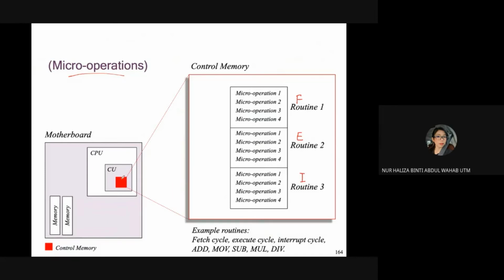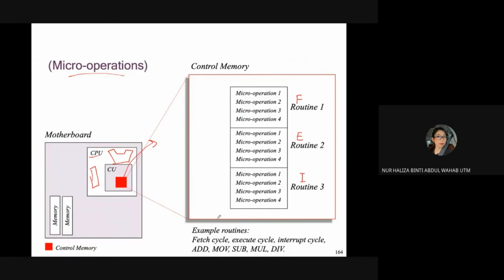It is inside your control unit, and your control unit is inside your CPU. You also have your ALU, right? I always can't draw the ALU. And then you have a register.